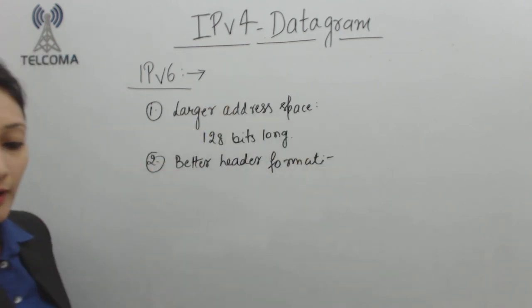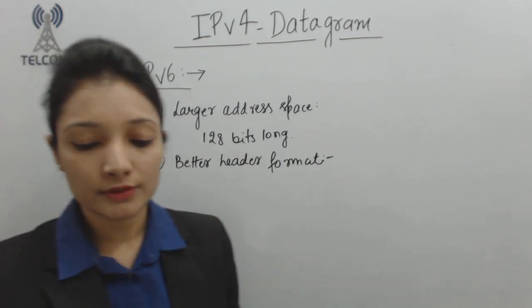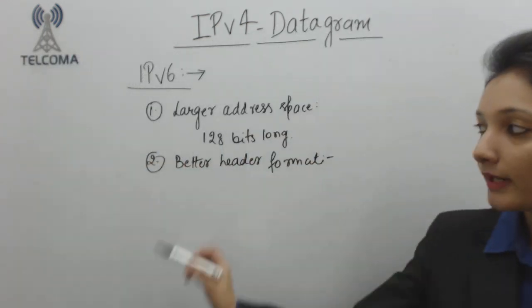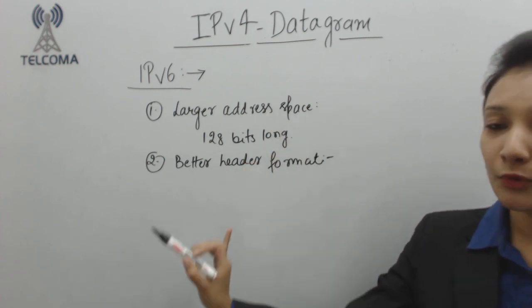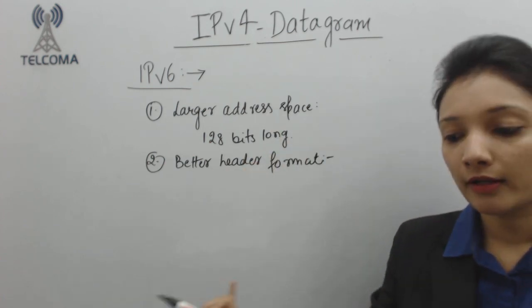header format here. That means it uses a new header format in which options are separated from the base header. That means you can insert certain fields where they are required.